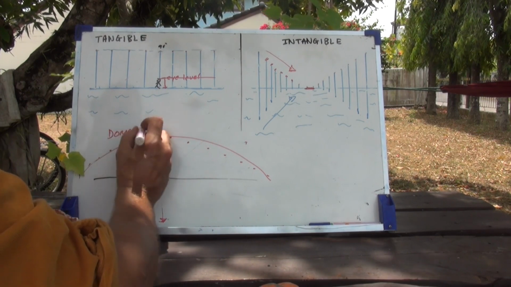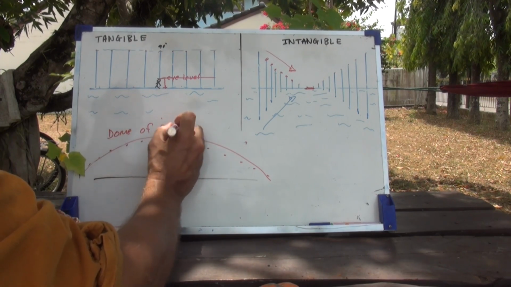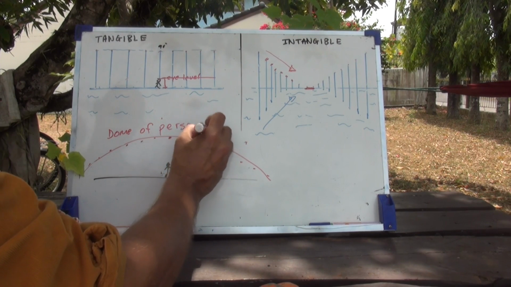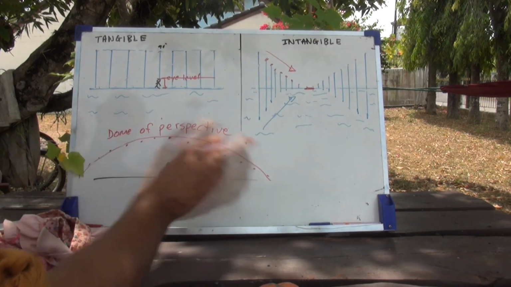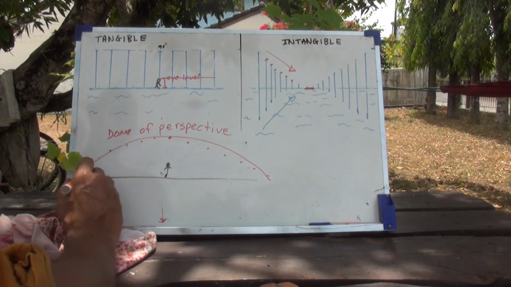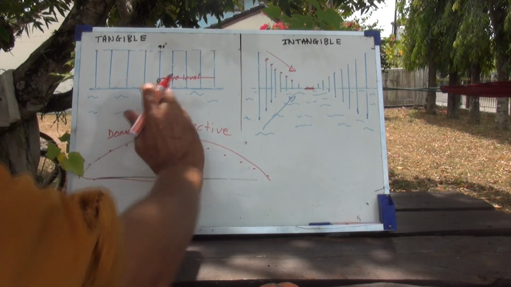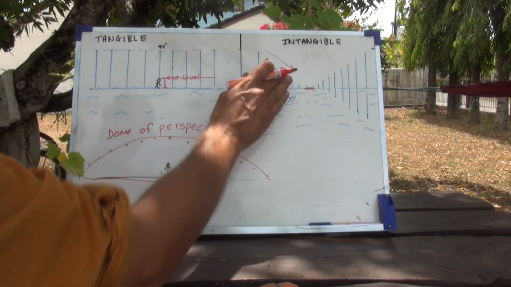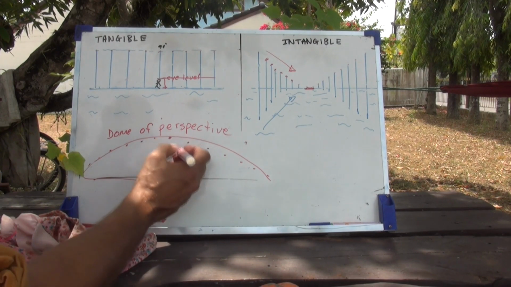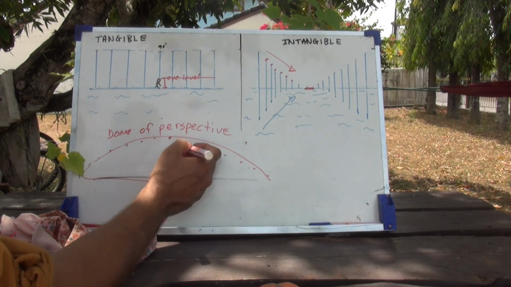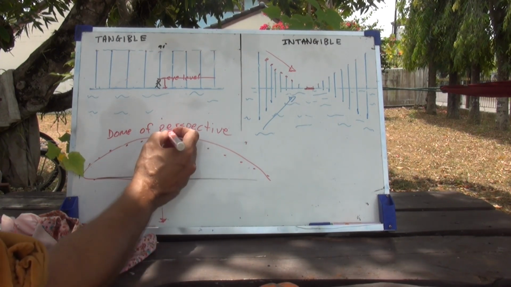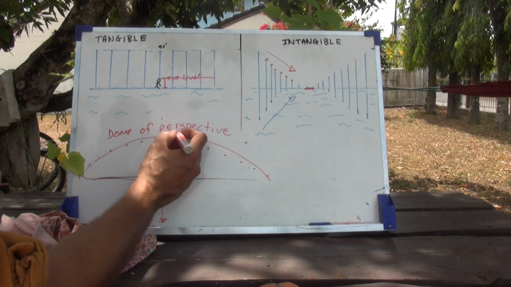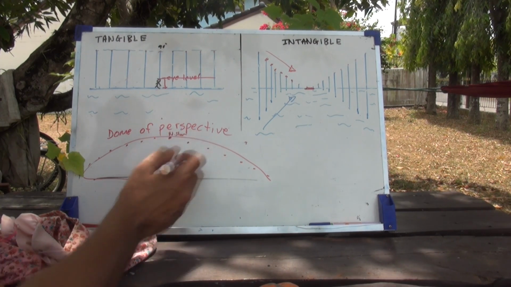Yeah? A dome of perspective. The surface didn't curve. What happened was you just basically had these differences in the angles of the apparent height. Now, this could be, for example, the North Star, if you like.